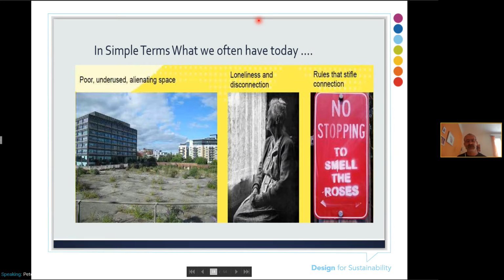In simple terms, particularly when we talk about place-based systems, very often a lot of places are very poorly designed and poorly used. They're not very inviting places where people want to be. On the other hand, we have an epidemic of loneliness and disconnection, disconnection from nature and from each other as well.